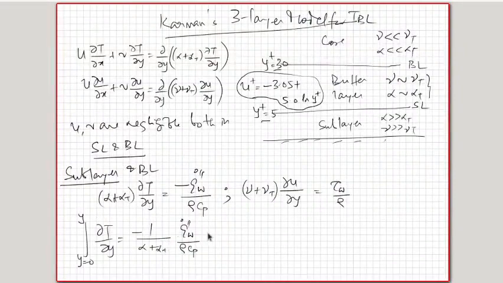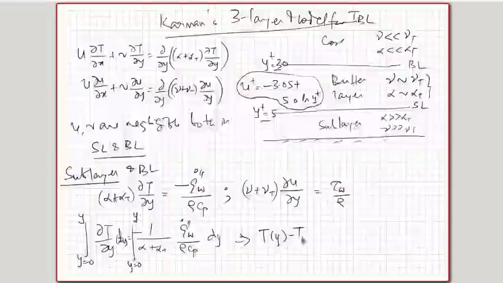Then this will also be integrated, dy from y equal to 0 to any y in this region. Then what I get is t at y minus t wall.